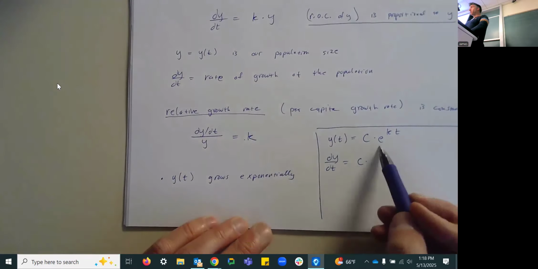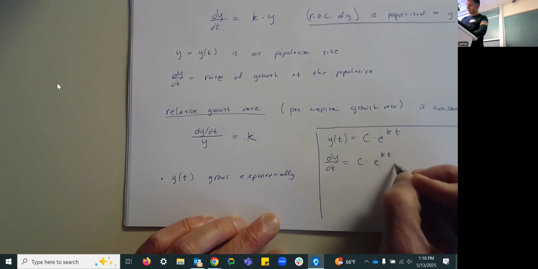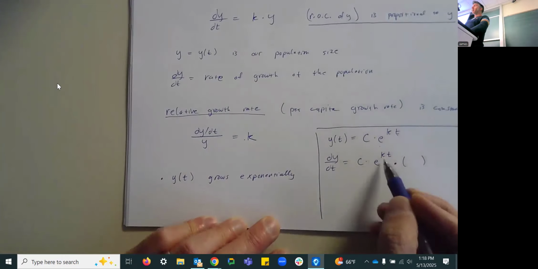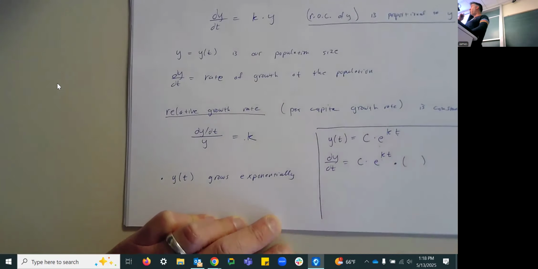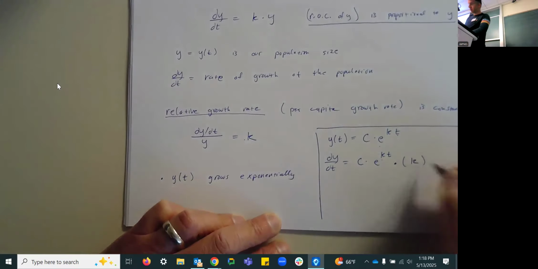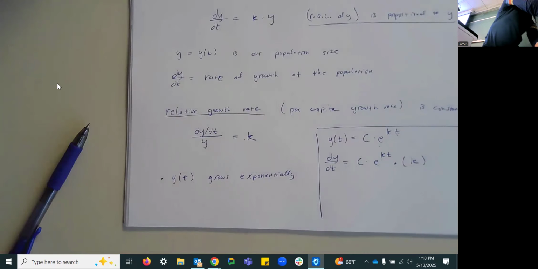The derivative of e to the stuff is e to the stuff times the derivative of the stuff. K is a constant, but t is the variable. The derivative of k times t is k times 1. But check it out, that's just my population function multiplied by k.